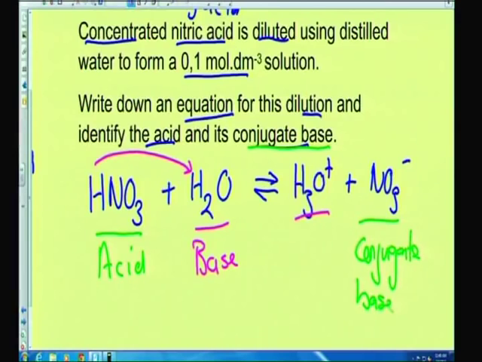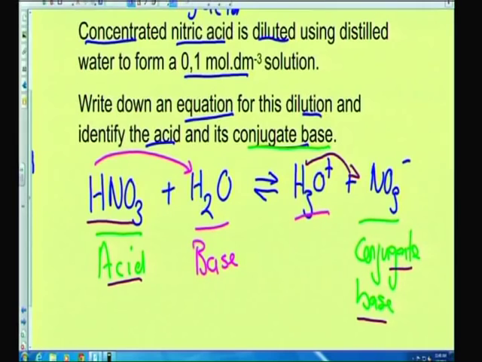Now, let's see if it makes sense. In the reverse reaction, what is this NO3- doing? It's going to accept a hydrogen ion to go back to form that molecule. Accepting means it's a base. Conjugate means that it's paired with that acid.